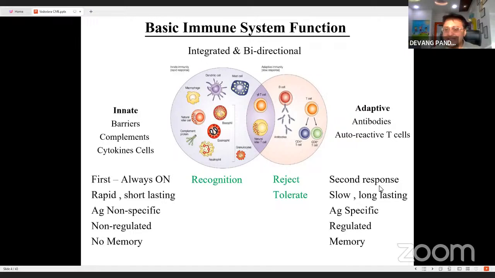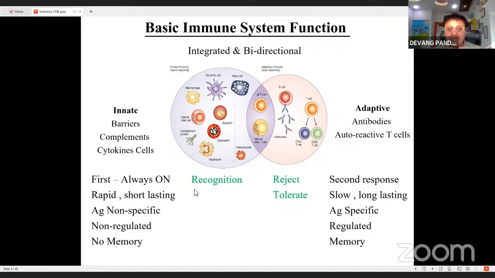So obviously it is a second response; only after the innate immune system sends signals does the adaptive immune system work. It is slow but very long lasting, antigen specific, fully regulated, and it has a memory. So the next time an attack comes, it will potentiate the immunological effects.